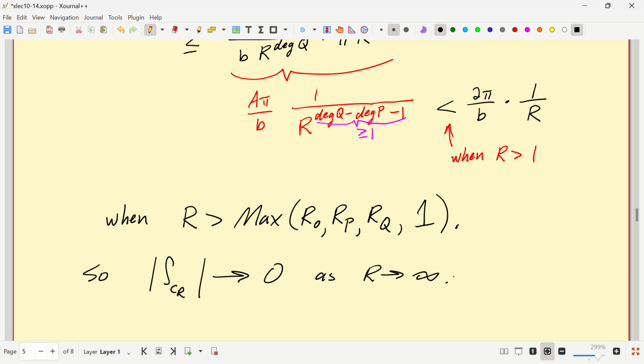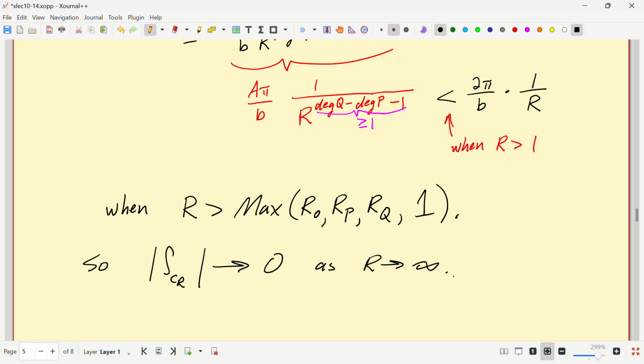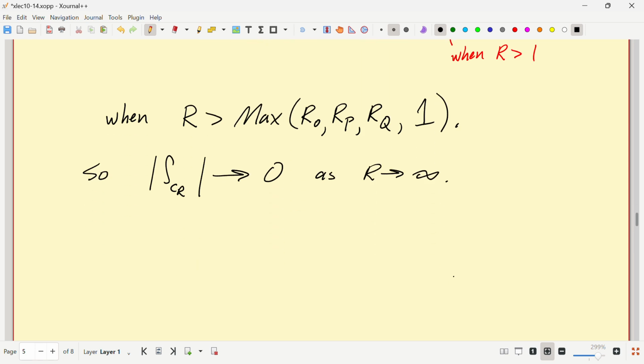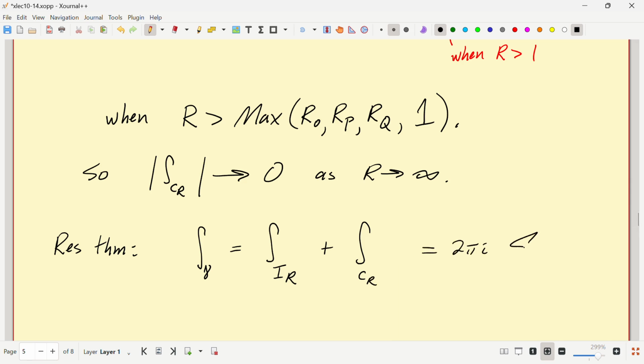Okay, and so now when I apply the residue theorem, what do I get? The residue theorem tells me the integral around gamma is equal to the integral around the I sub r part, plus the integral around the C sub r part. That's equal to 2 pi i times the sum of the residues.